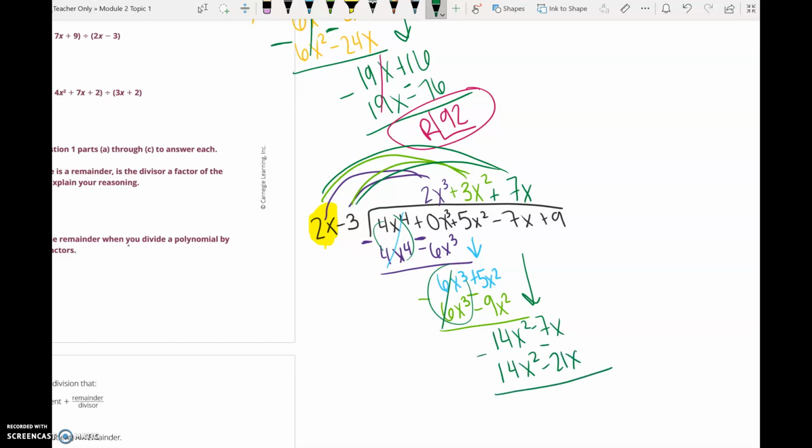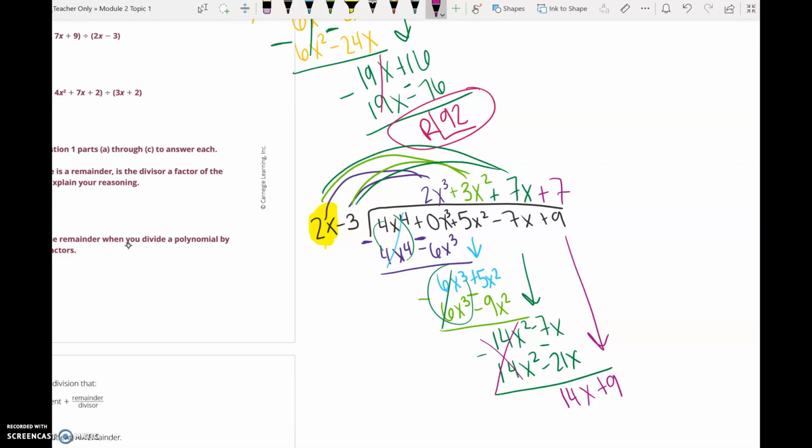I am subtracting. Negative 7 minus a negative 21x, okay? Cancel. This is going to become a positive 21, so that's 14x. Again, what times 2x would make 14x? I'm going to always end with a constant.